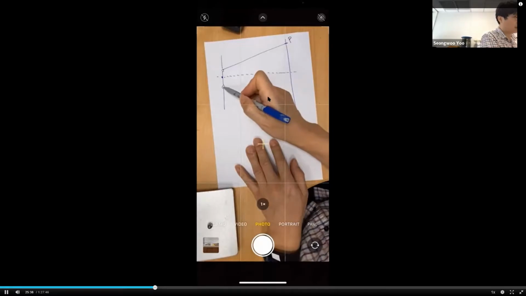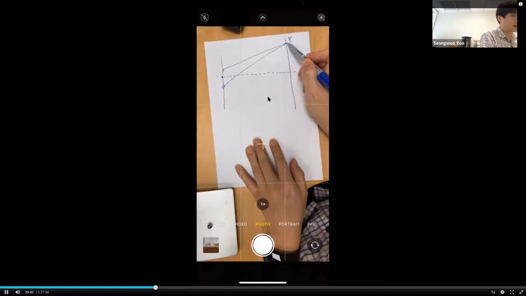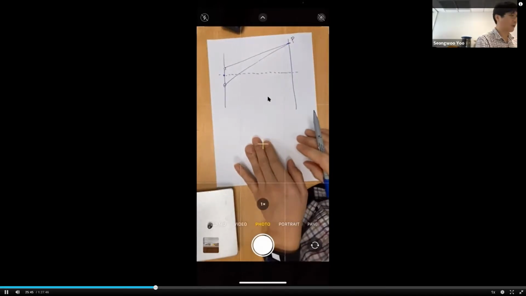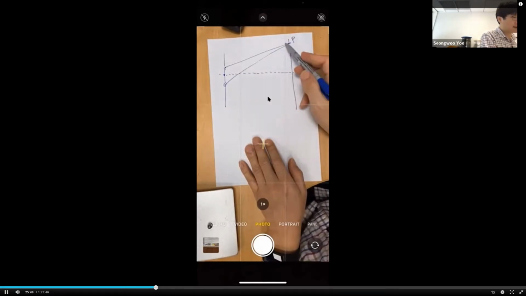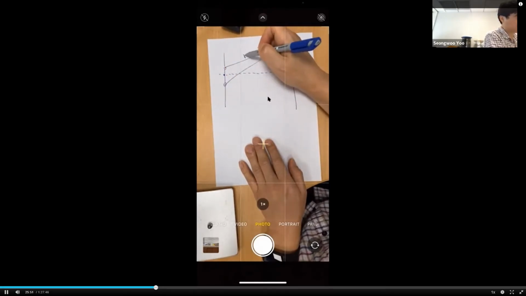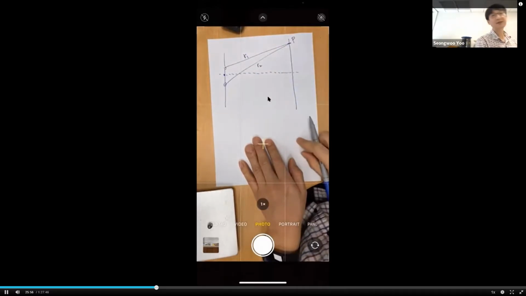And then the wave from the second slit also travels and reaches the point on the screen at the same point. And then I'm going to say that the traveling distance for the first wave is R1, and the traveling distance for the second wave is R2.